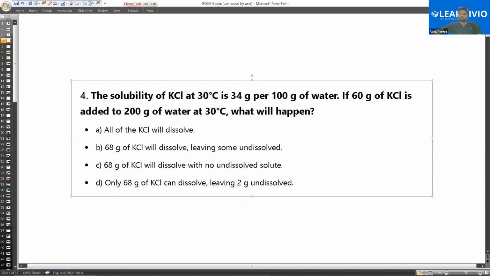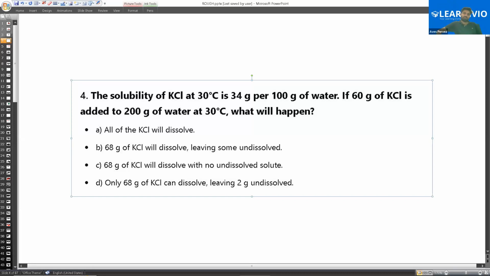What is solubility? Can anyone explain to me what is solubility? Sir, the property to dissolve in a solution. Solubility is the maximum amount of solute that can be dissolved per 100 grams of solvent. Okay, note it down.